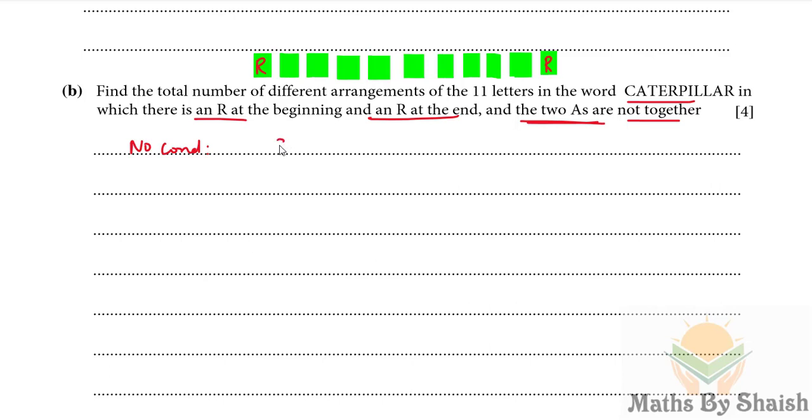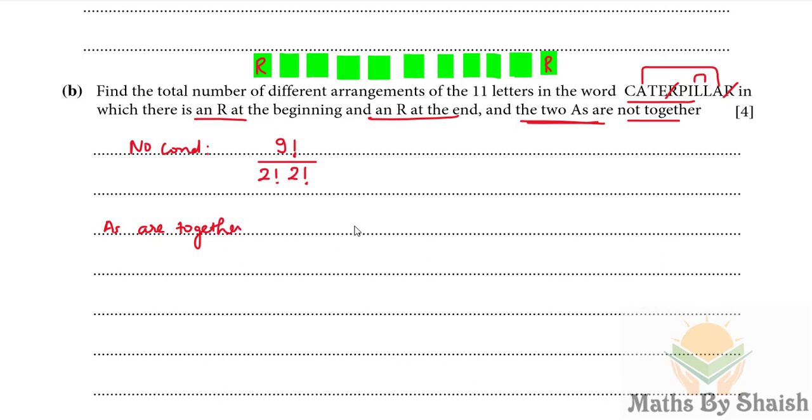It is going to be 9 factorial, and 2 R's are gone now. So the 9 letters are there, and then 2 L's and 2 A's are there. So it is going to be 9 factorial upon 2 factorial into 2 factorial. Now the condition, A's are together.